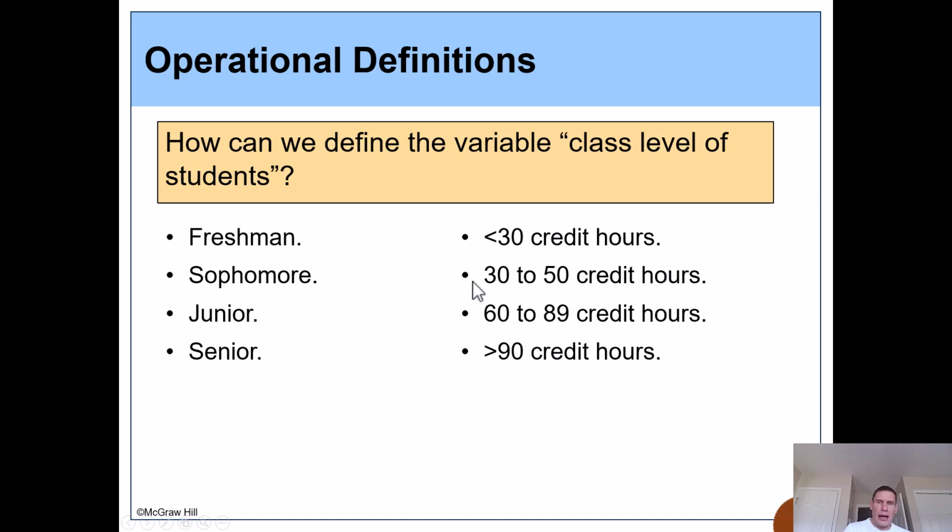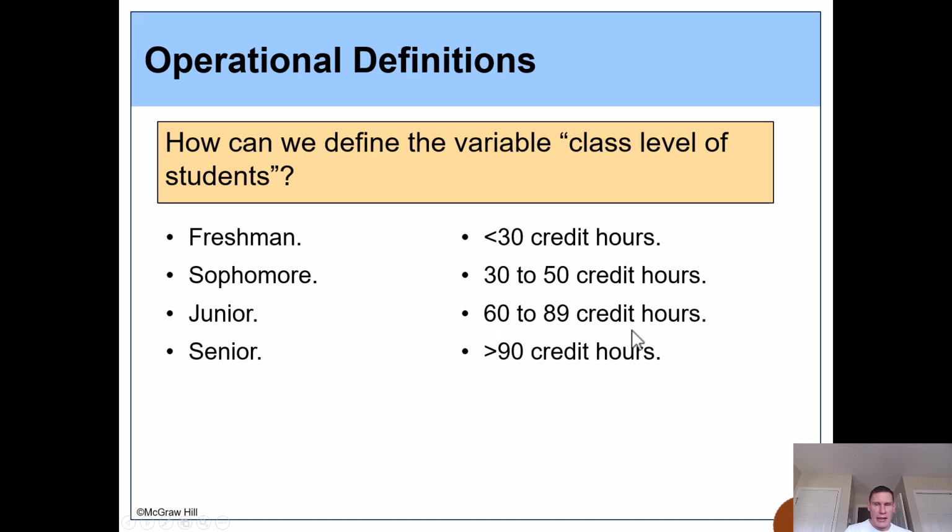As an example, how can we define the variable class level of students? We all know how we do this, right? Freshman, sophomore, junior, and senior. The class level in and of itself just tells you it's class level, right? It doesn't tell you what level they are. So universities around the world have come up with ways to define it.